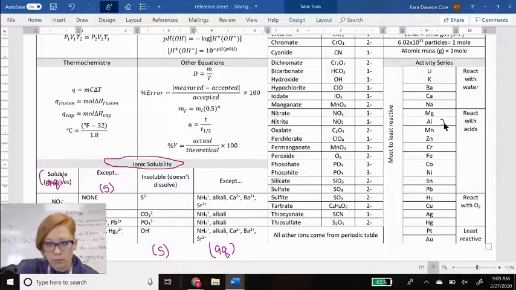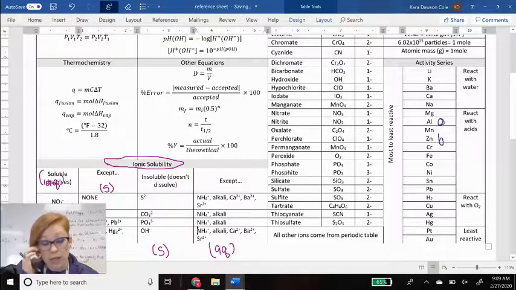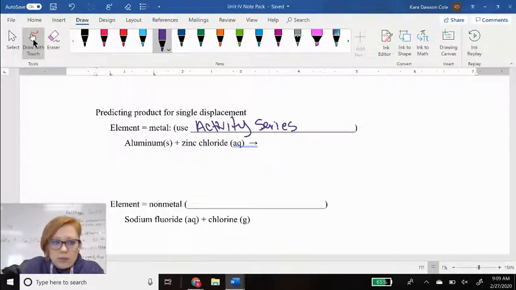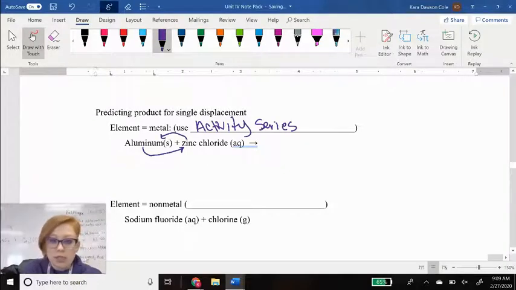So here's my aluminum and here's my zinc, right? Aluminum is higher than zinc, so because of that, this reaction does occur. All you are doing is swapping them: zinc replaces aluminum in the compound, and aluminum becomes the element. The states stay the same.